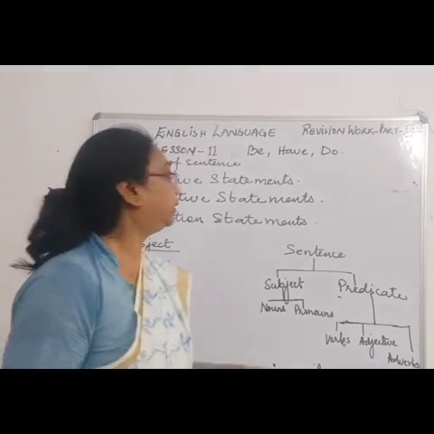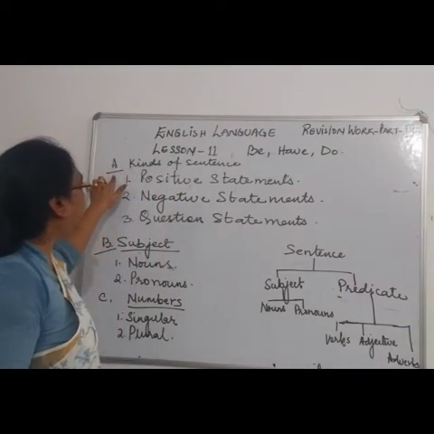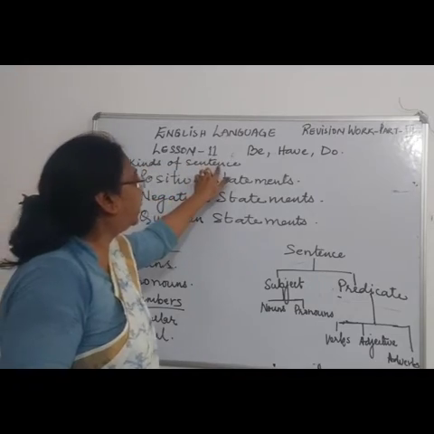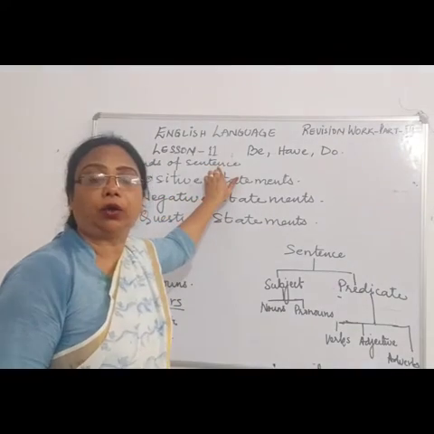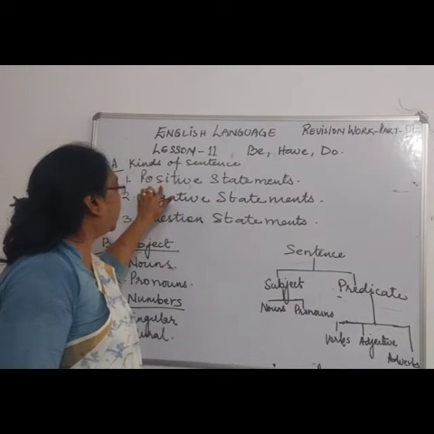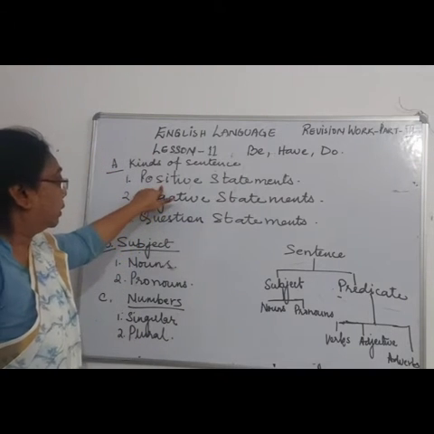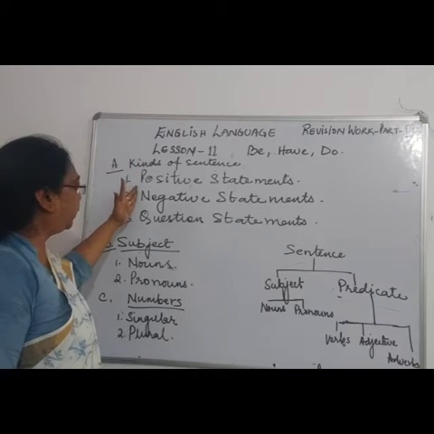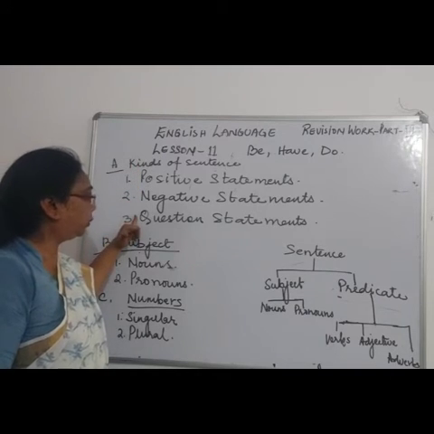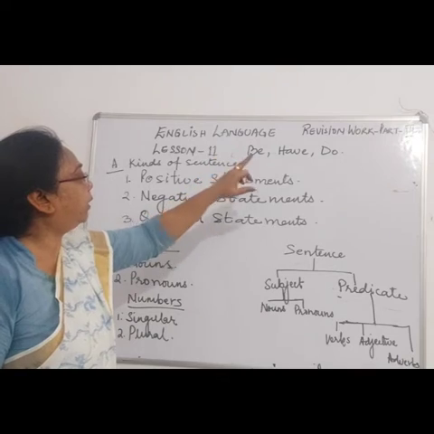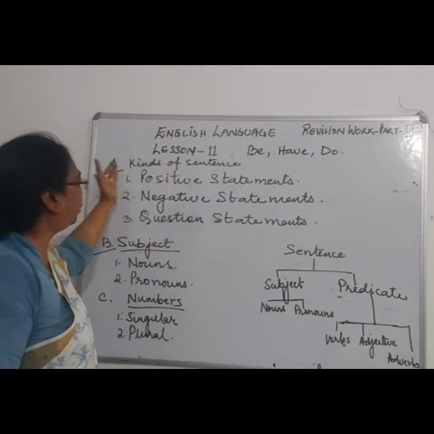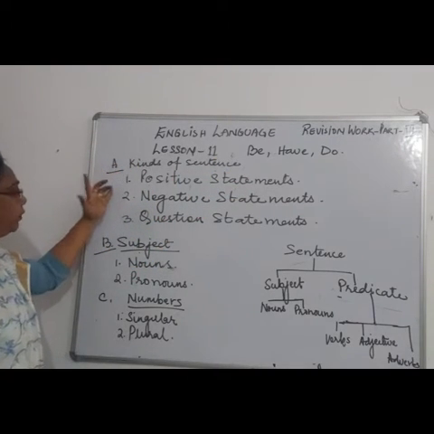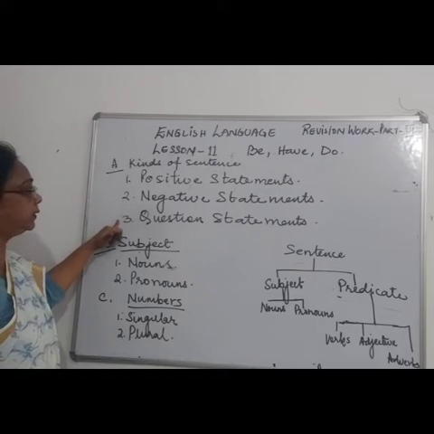That is, number one, what kind of sentence we are writing or talking about. Now children, we know there are positive sentence, negative sentence and question sentence. Now be, have and do generally is based on these three things: positive, negative and question sentence.